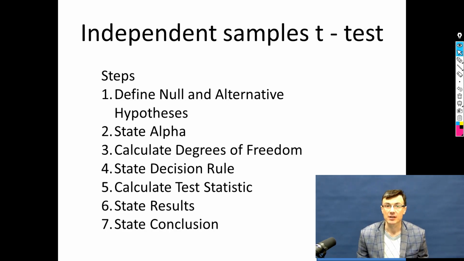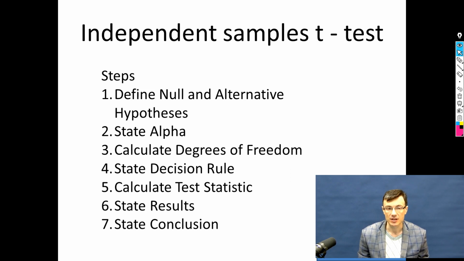Student's t-test is used as well when we compare independent samples, to see if there is any difference between them. These are the steps: we define the null and alternative hypothesis about whether there are any differences or no differences.